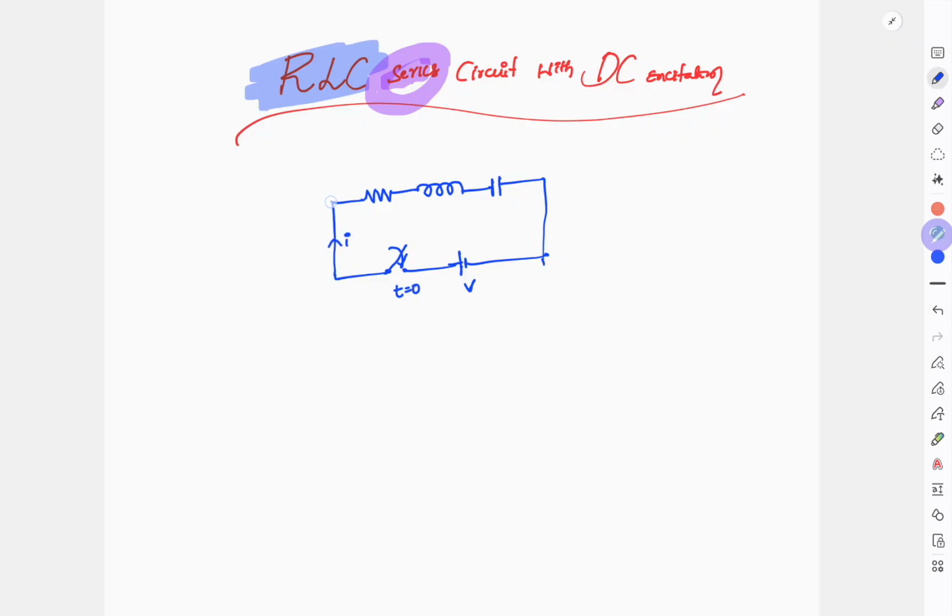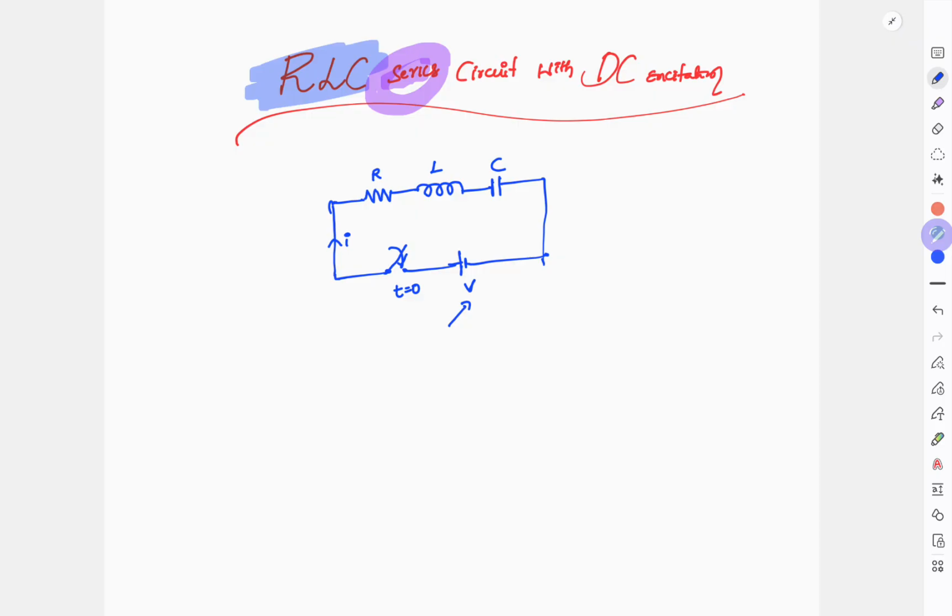I'm just mentioning the switch, but don't worry about it. Here it's a DC voltage. The resistor, inductor and capacitor are connected in series, so it is excited by a DC voltage source.